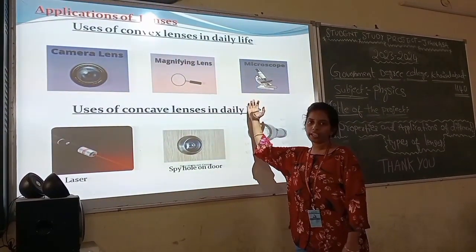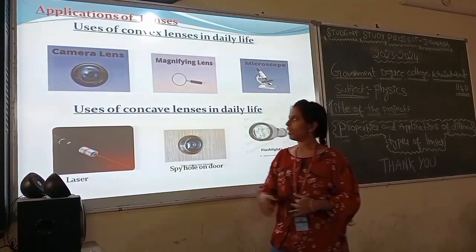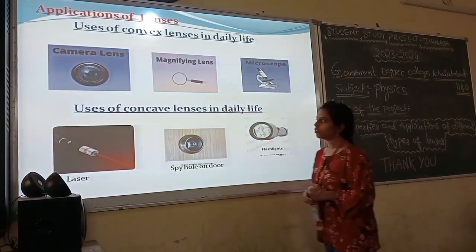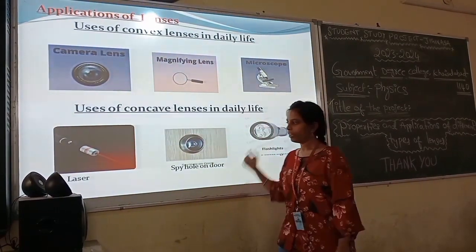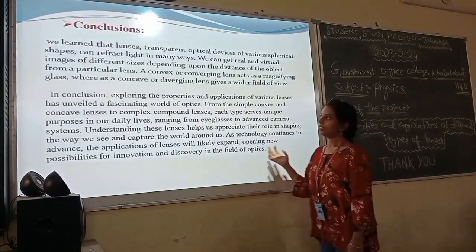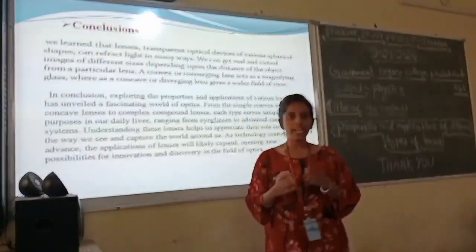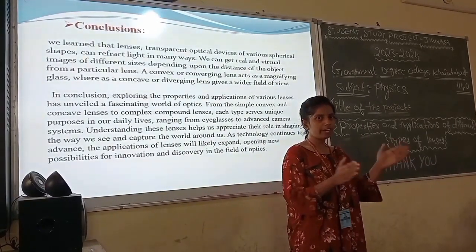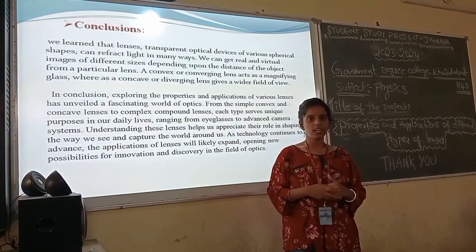We use lenses in our daily life, like camera lenses, magnifying lenses, and microscopes. We use concave lenses in our daily life, like lasers and flashlights. Conclusion: we get real and virtual images at different distances and sizes.